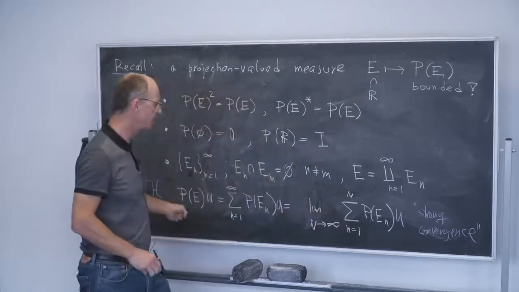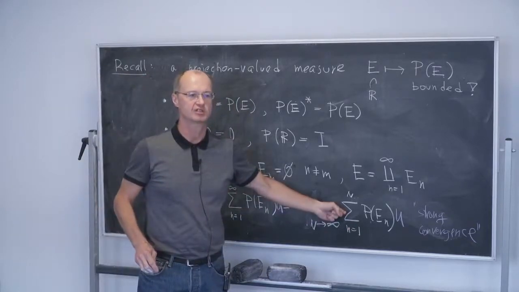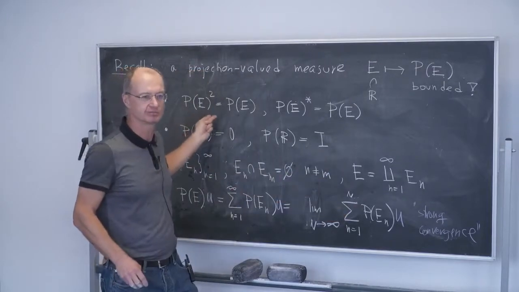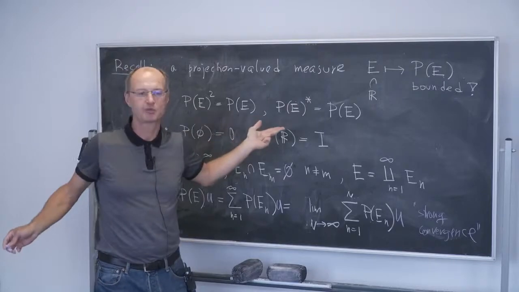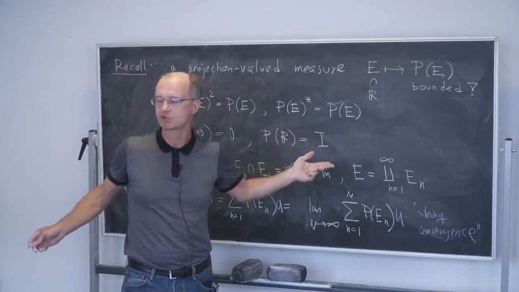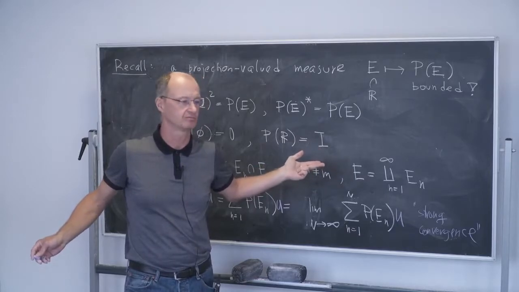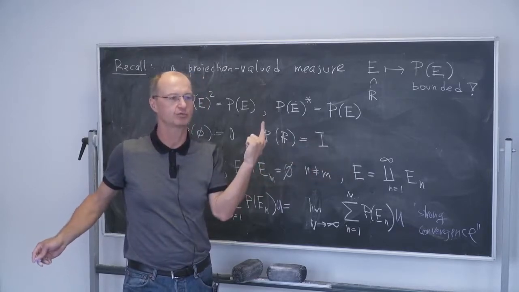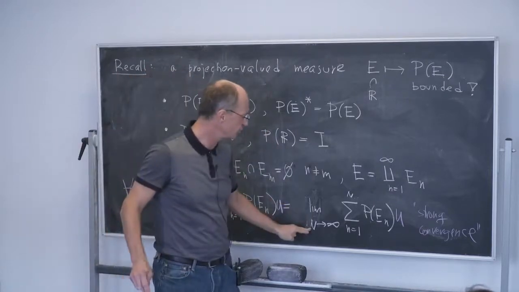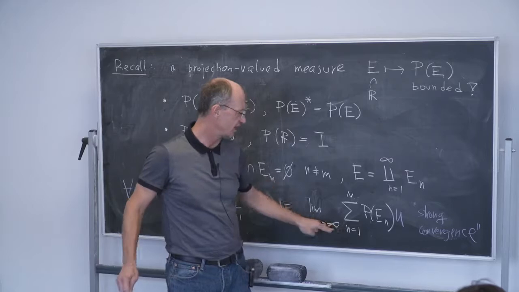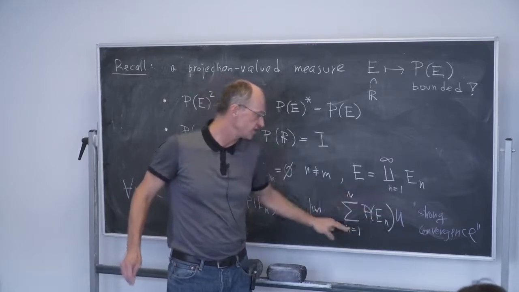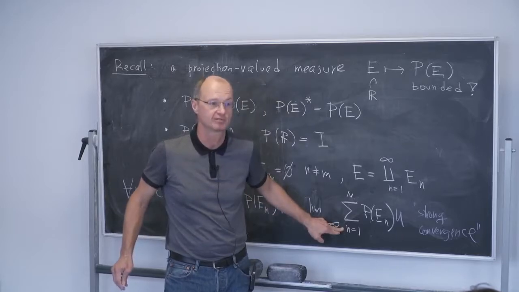why am I saying that the operator convergence is unrealistic? What's the norm of a projection? So suppose you have a self-adjoint projection operator. What is its norm? Its norm is equal to 1, right? Now, suppose I'm looking at this sequence, and I want to see whether it is at least a Cauchy sequence of operators.